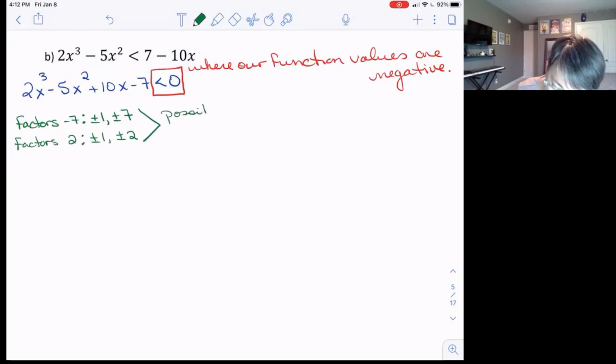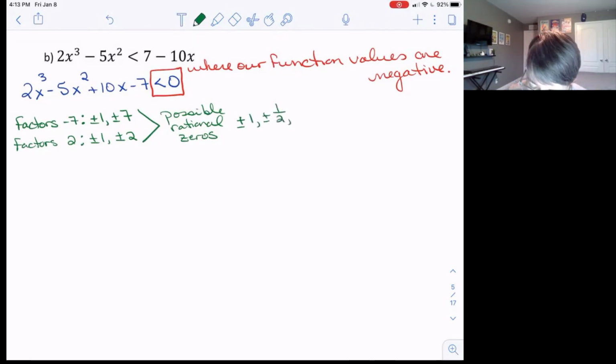So our possible rational zeros would be plus or minus 1 over 1, which is 1, plus or minus 1 over 2, which is 1/2, plus or minus 7 over 1, which would be plus or minus 7, and plus or minus 7 over 2, which would be plus or minus 7/2 or 3.5.